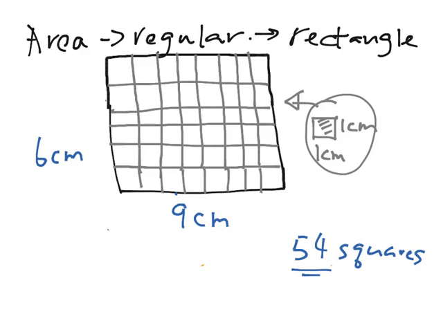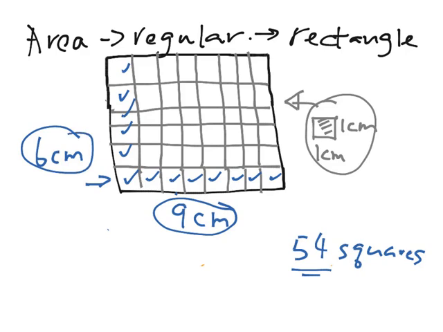The first row has 9 of them, because 9 centimeter. And how many rows are there altogether? 6 rows, because it's 6 centimeter. So 9 times 6 is 54 squares.